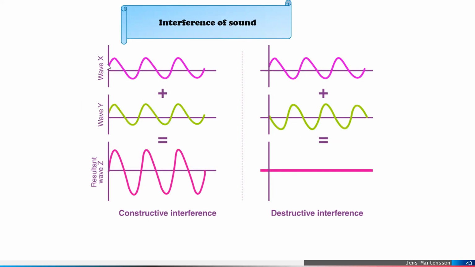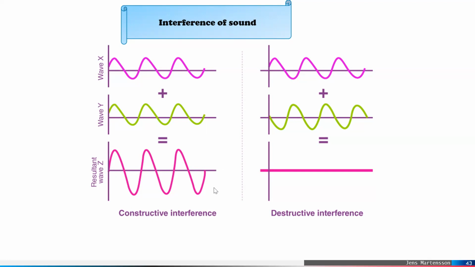If you have the first wave X and the second wave Y, both waves have the same amplitude and the same frequency. The frequency of wave X is 3 Hertz, and wave Y is also 3 Hertz. So when these two waves meet together, it leads to constructive interference, or reinforcement.